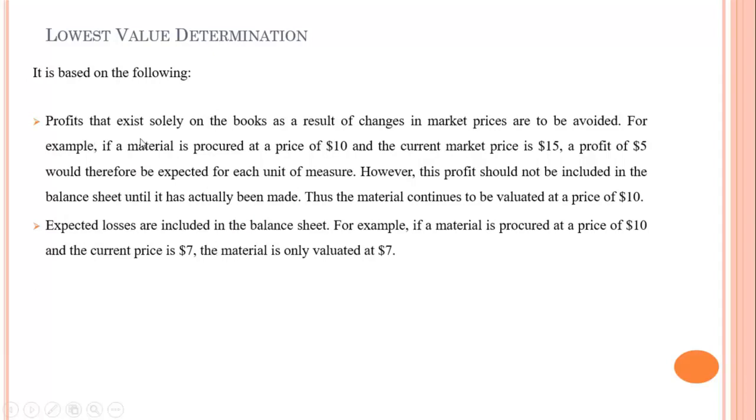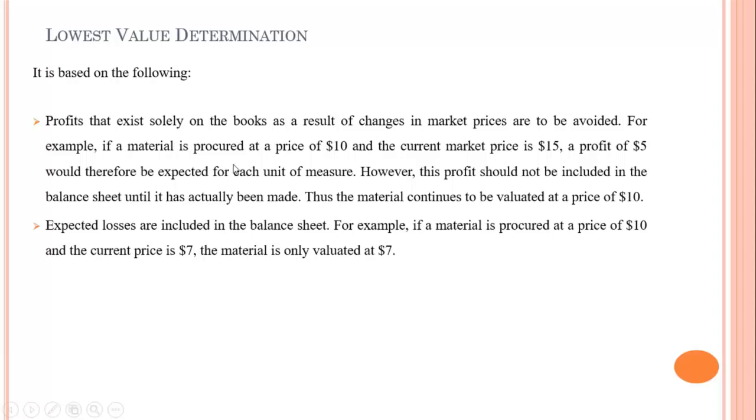Profits that exist solely on the books as a result of changes in the market prices are to be avoided. That means the profit that exists due to a change in market price is basically to be avoided in this lowest value determination. We can take one example here.